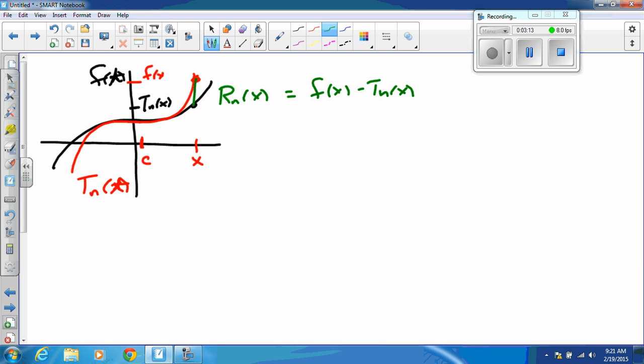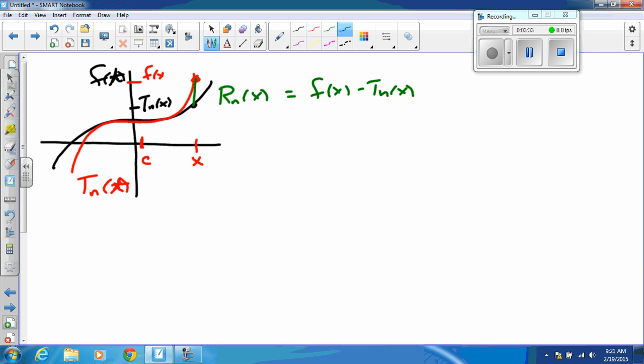And what I want to do is to find an expression for Rn of x. Sadly, as we've noted before, there isn't really a good analytic way to find an exact value for this. If there were, I could evaluate f and we'd be done. If there were, we'd use it.